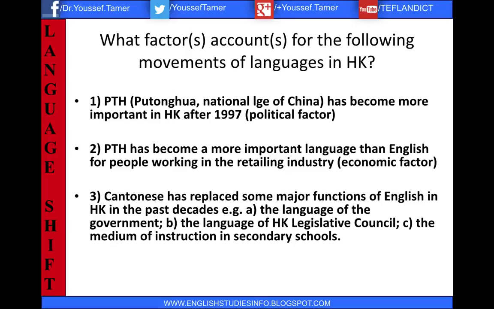The language use of the people in Hong Kong is becoming different after independence. It started with this idea of political factor, economic factor, and then into functional changes. Here we have political and demographic factors in these three, A, B, and C.